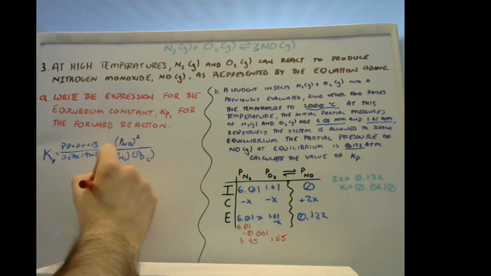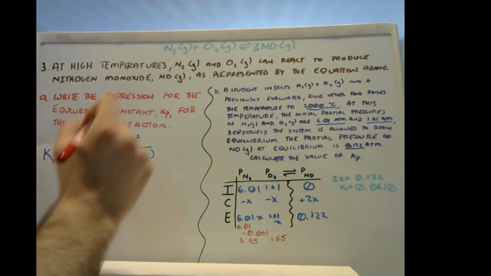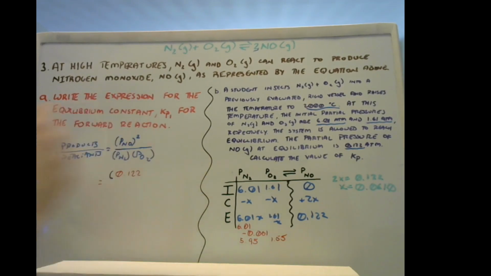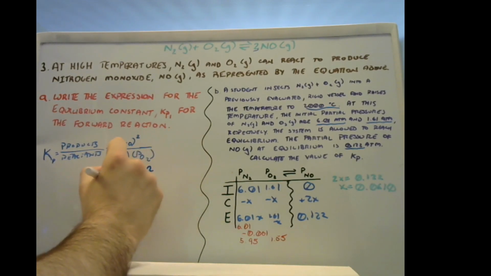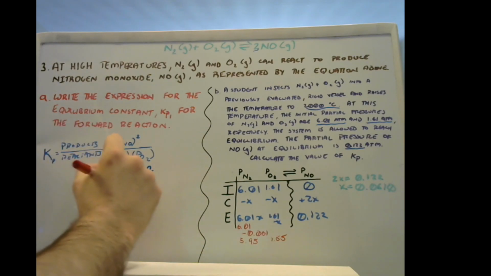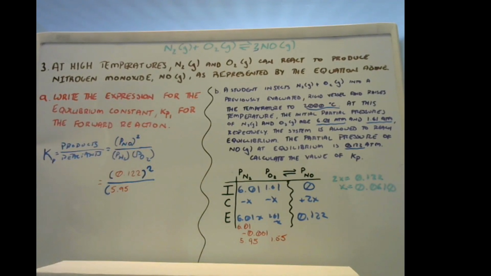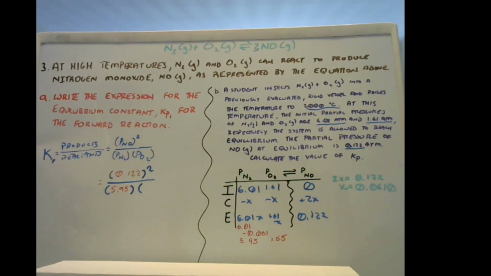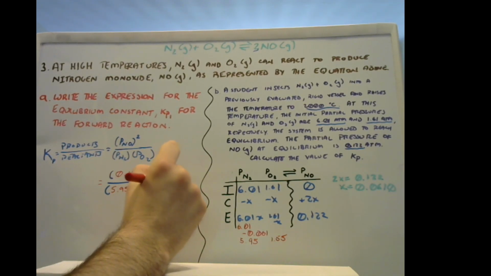So this will equal pressure of your NO, which is 0.122. Don't forget to square it. Pressure of your N2 is 5.95. Pressure of my O2 is 1.55.